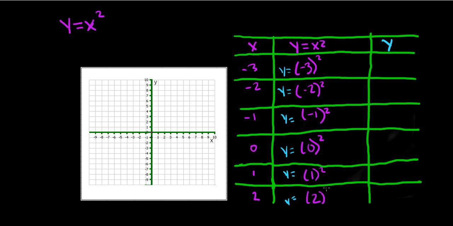Now we're going to go ahead and solve each of these equations. The first one is going to be 9. -2 squared is going to be 4. -1 squared is going to be 1. 0 squared is going to be 0. 1 squared is going to be 1. And 2 squared is going to be 4.